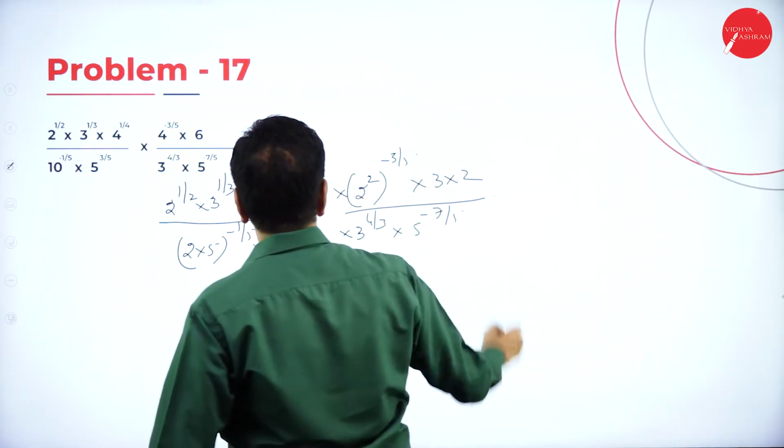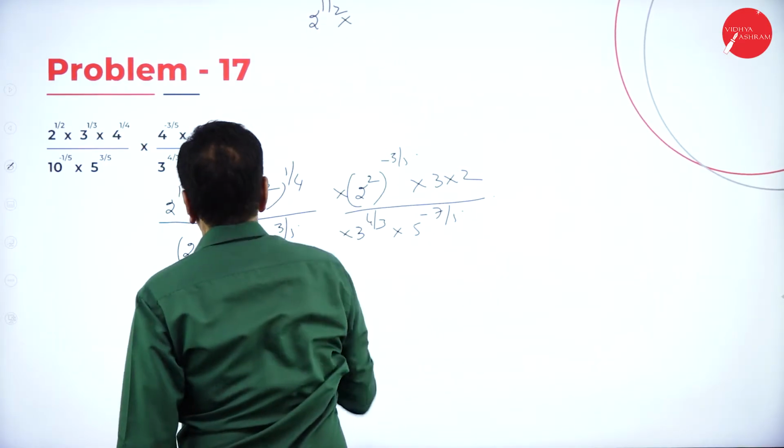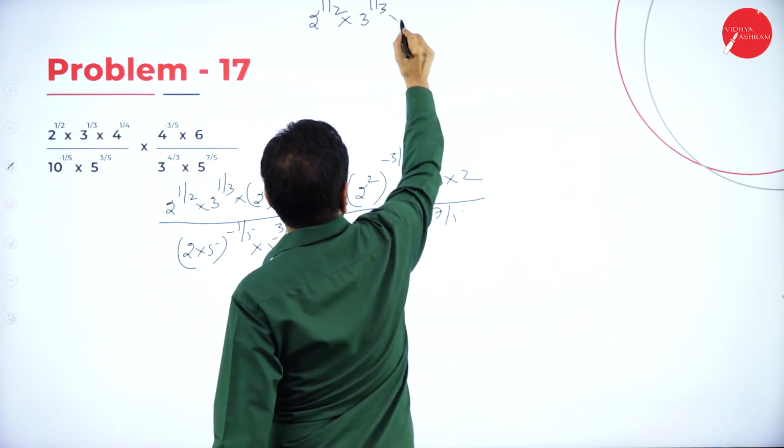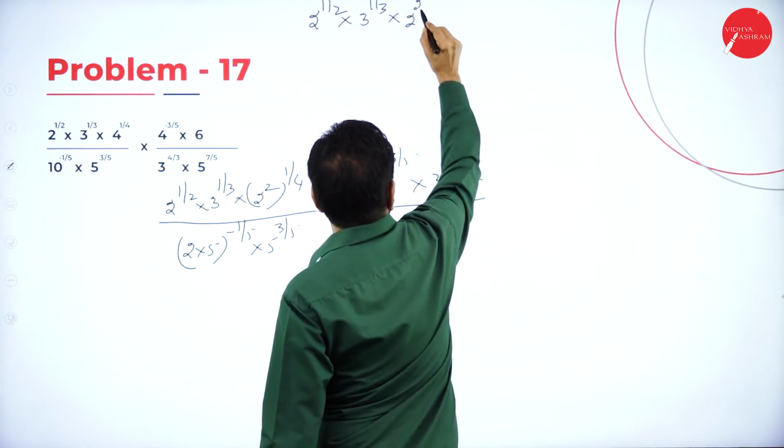This can be written as 2 to the power of half into 3 to the power of 1 by 3 into 2 to the power of 2 by 4.